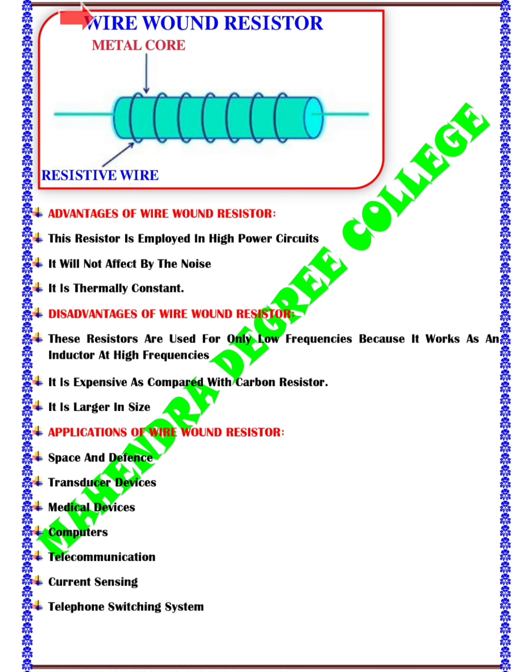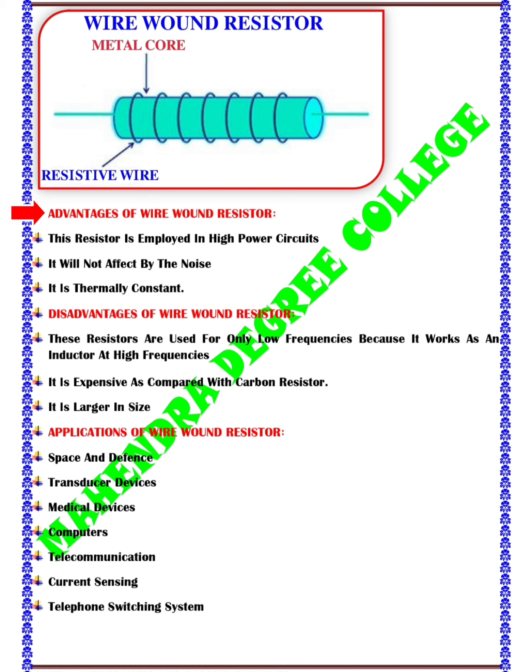This image shows a wire wound resistor. A wire wound resistor is a type of resistor made by winding a resistive wire around a non-conductive core, often made of ceramic, plastic, or fiberglass. It is used to limit or control the flow of electrical current in a circuit.